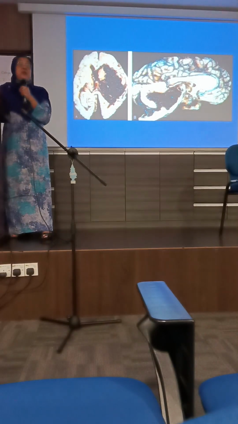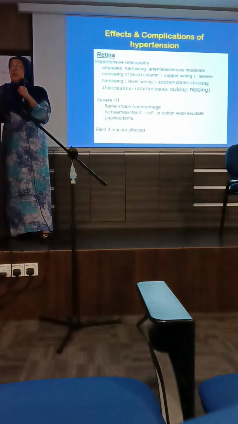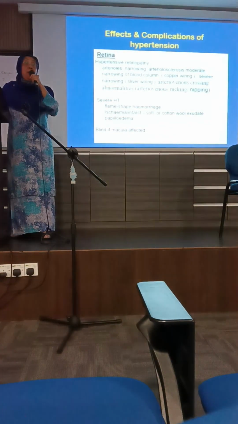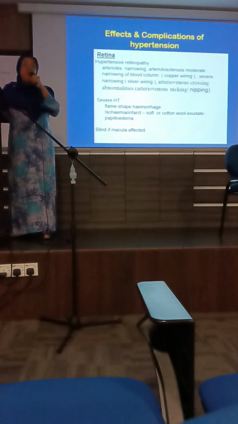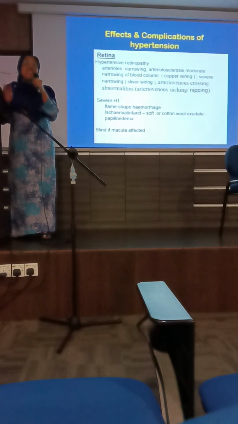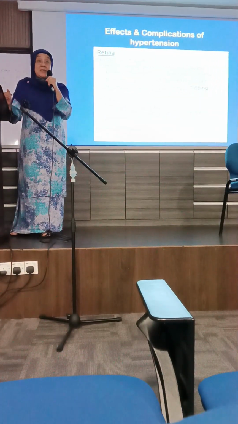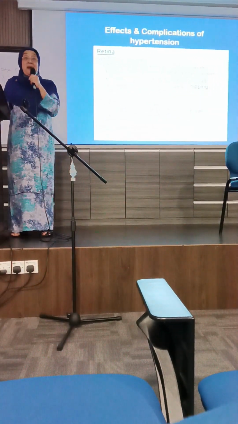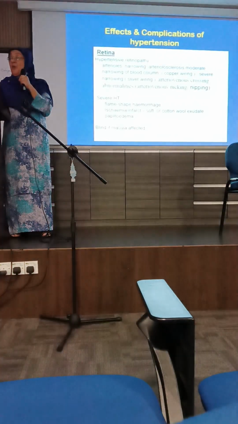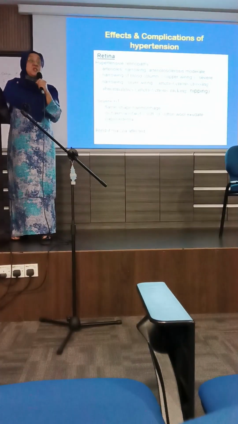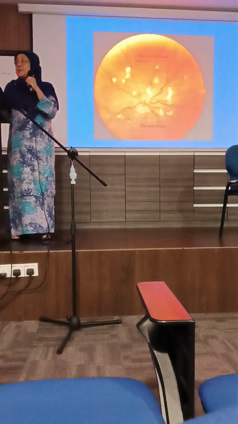If it affects the macula, the person can go blind. Now, all these changes are related to changes in the blood vessels. Okay? Blood vessels. These are all a consequence of changes in the blood vessels.